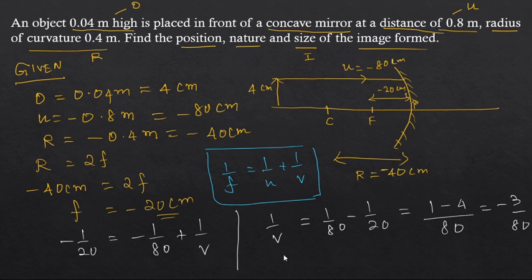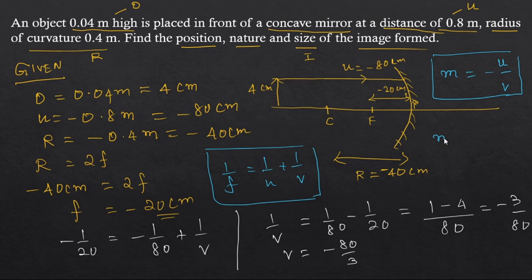You can reciprocate: minus 80 by 3. This is v. And we have to find out the magnification. So what is the magnification formula? m is equal to minus u by v. That is the magnification.